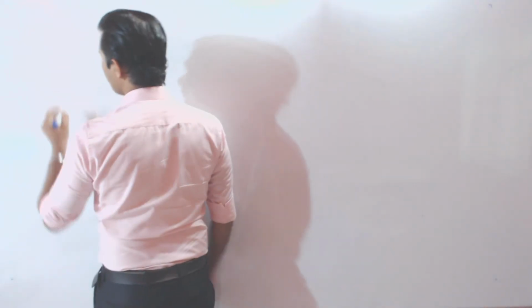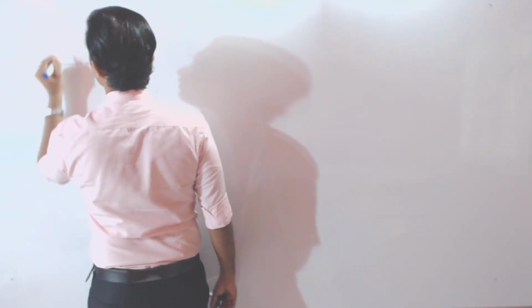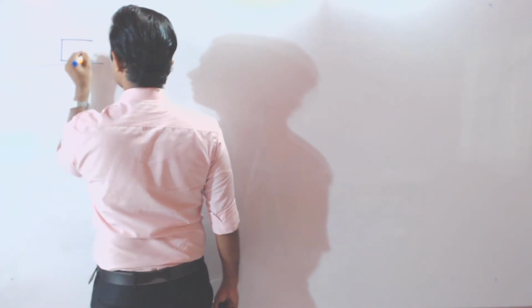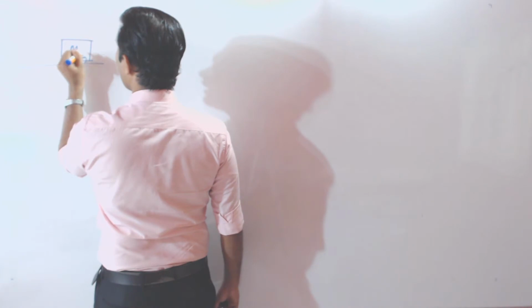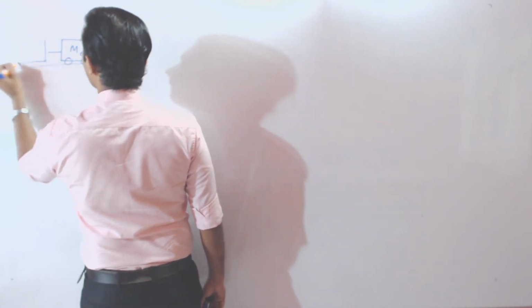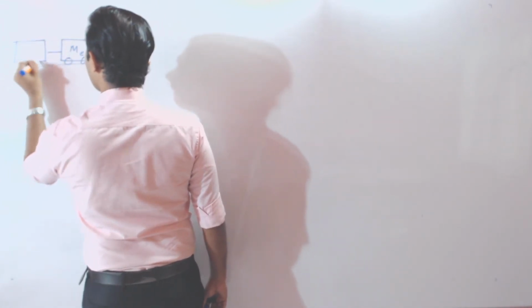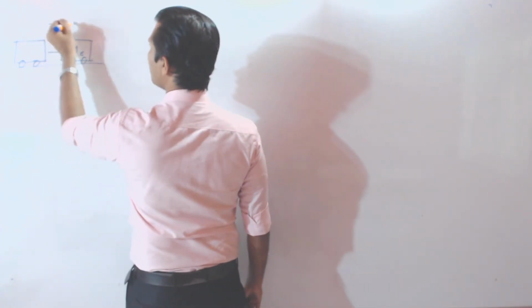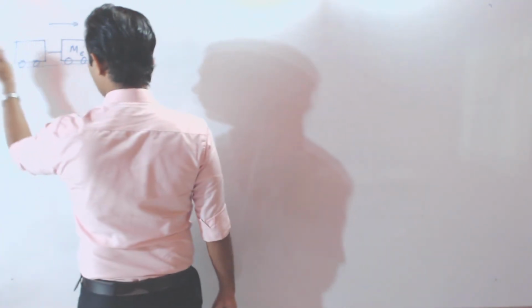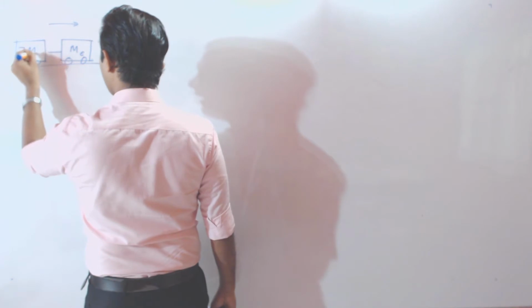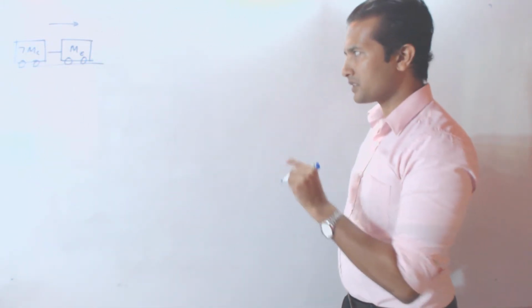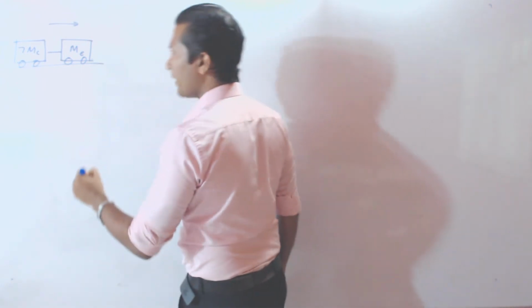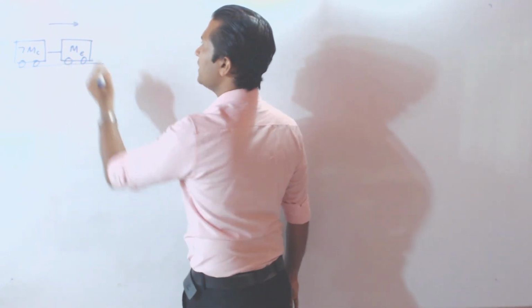Let's move on to this example. A train of mass me moves with its 7 carriages. You can take the mass of each as mc, so the mass is 7 mc.